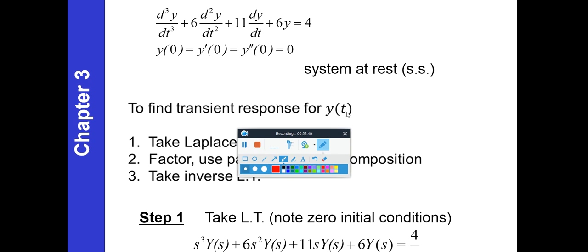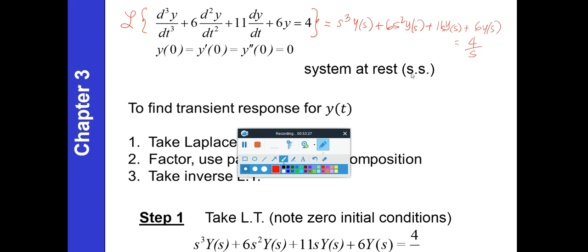So from this given equation, if we get the Laplace of this equation, that would be s cubed Y(s) plus 6s squared Y(s) plus 11s Y(s) plus 6Y(s) is equal to 4 over s.